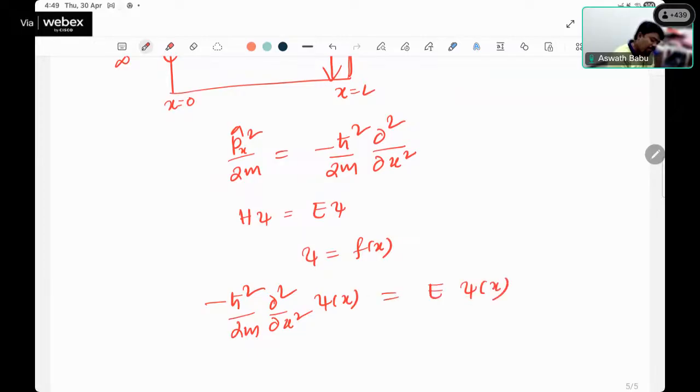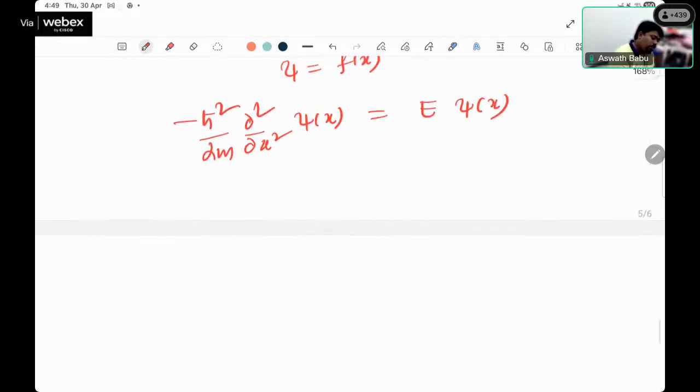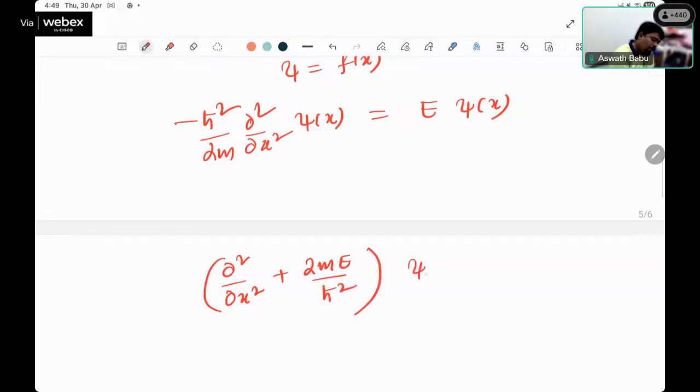Now let's write the differential equation in a much easier form: del squared psi by del x squared plus 2mE by h bar squared multiplied by psi is equal to 0. This is the differential equation I have.